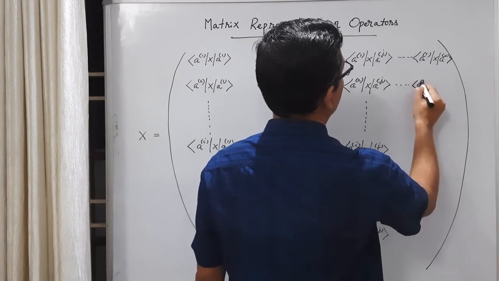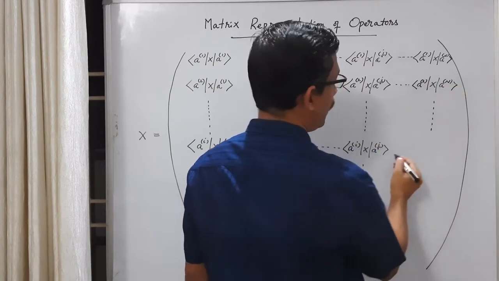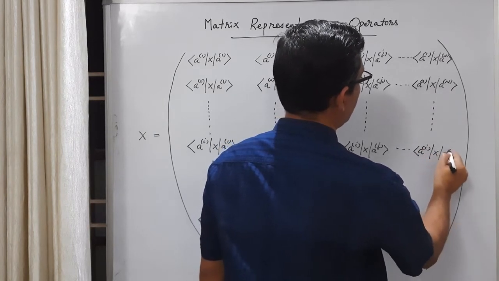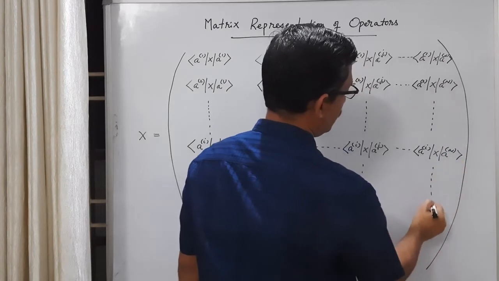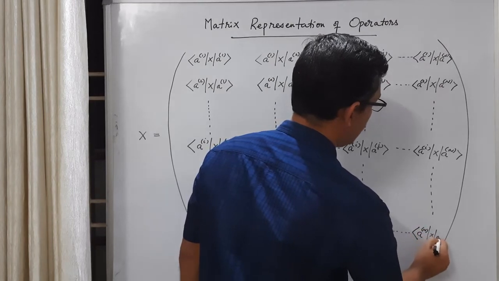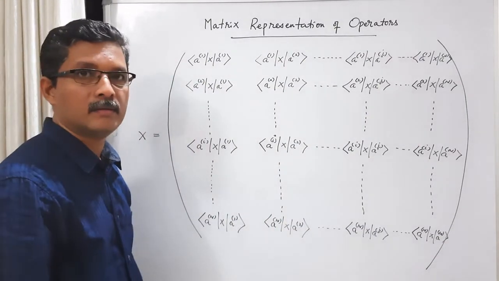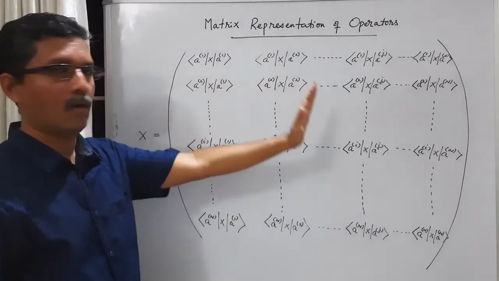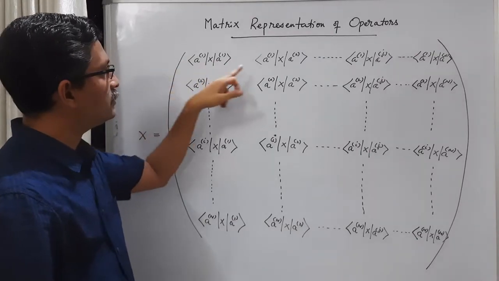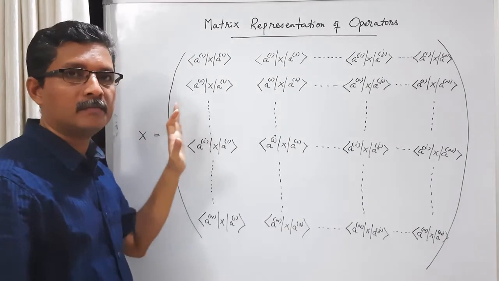Then second row, nth column: ⟨a2|x|an⟩, etc. Ith row, nth column: ⟨ai|x|an⟩, and finally nth row, nth column: ⟨an|x|an⟩. This is our n by n matrix with n rows and n columns. So we can see each matrix element, and this is the representation of this operator by a matrix.